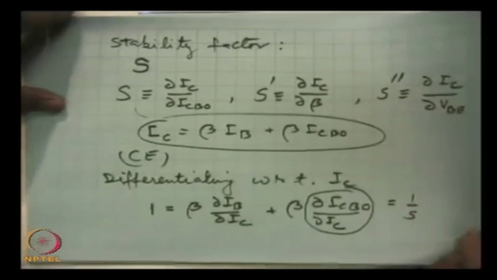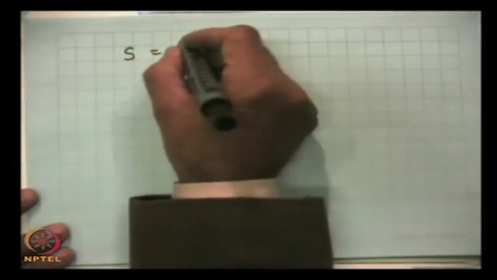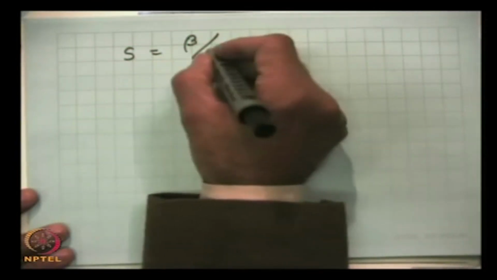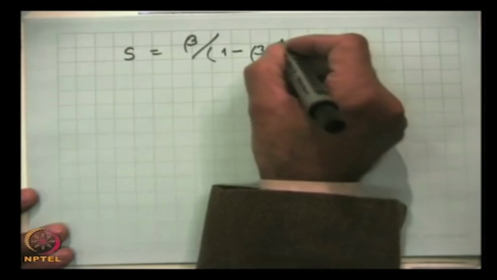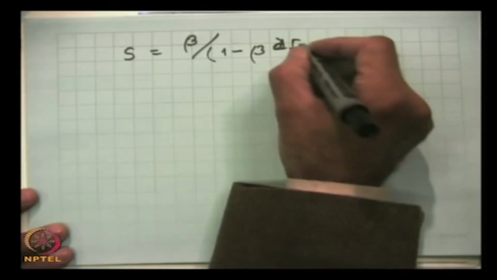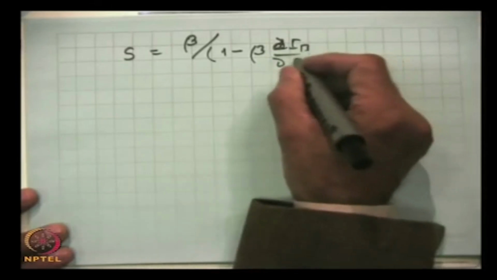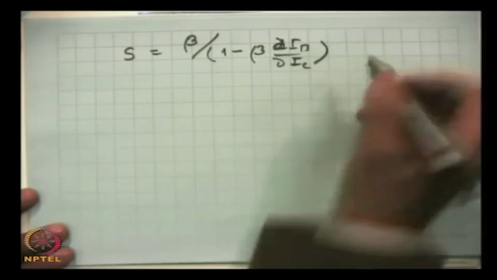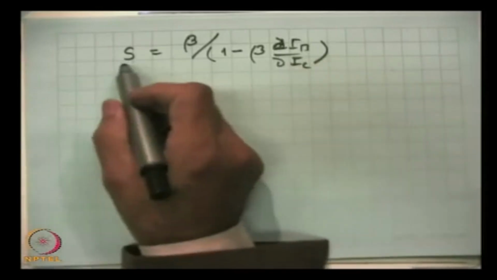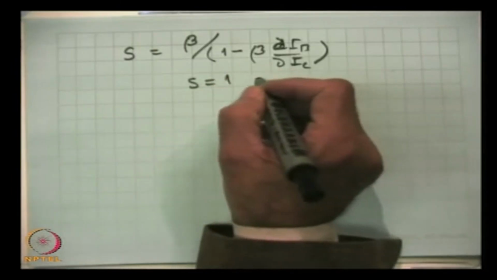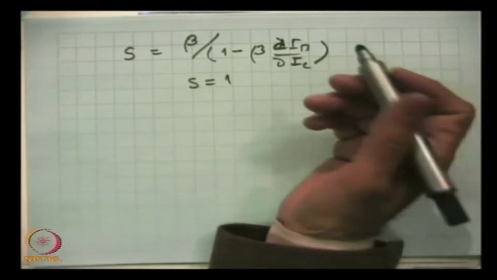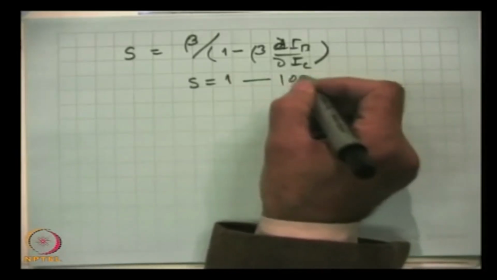So, we can write this in this form: S, the stability factor, is equal to beta divided by 1 minus beta dIB by dIC. Now, stability factor may vary; the smallest value possible is 1 and higher may be say 50, 100 or so.